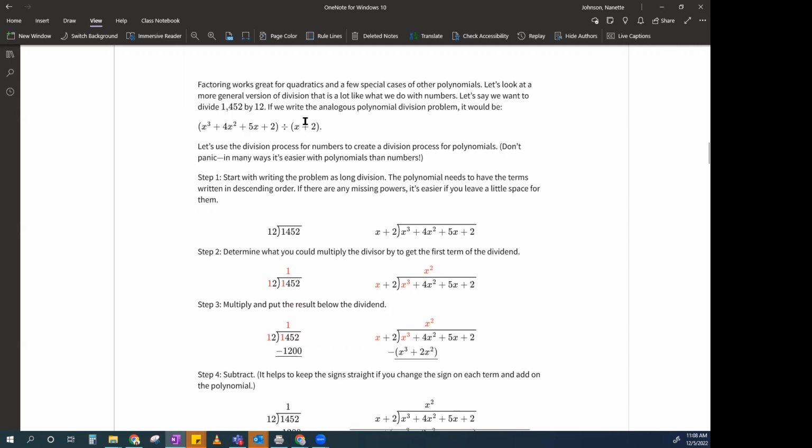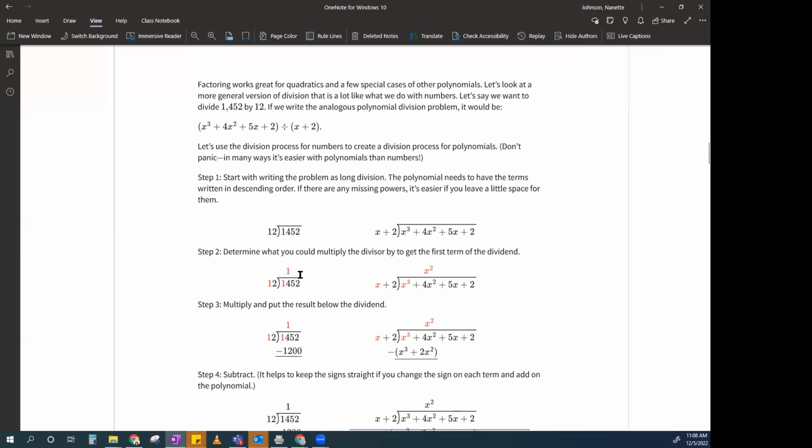So if you think about it, x is just the powers of 10, right? x is 10. 10 plus 2 is 12. 5x is 50. That's why we have 52. x squared is 100, so that's 400. Get it? It's just an analogous way of looking at it.